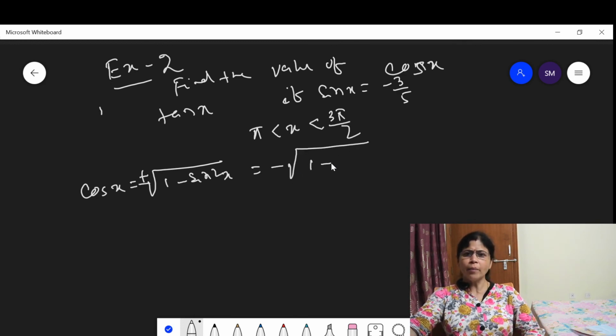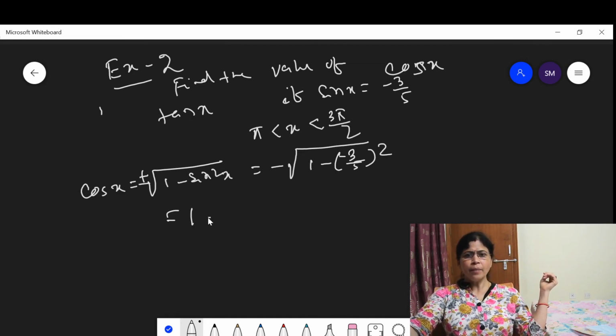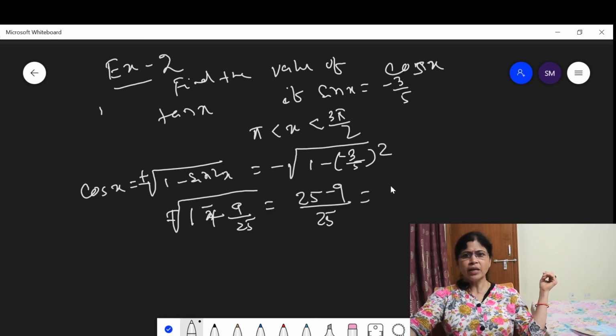This is square root of 1 minus (3 upon 5) whole square, which is equal to square root of 1 minus 9 upon 25, which is equal to square root of 25 minus 9 upon 25, which is 16 upon 25, which is equal to 4 upon 5. Here the cos x is minus 4 upon 5.